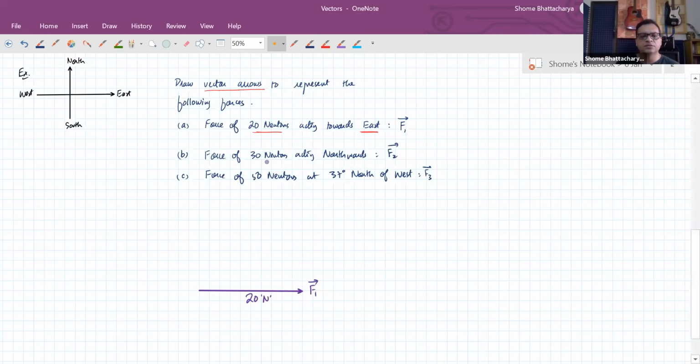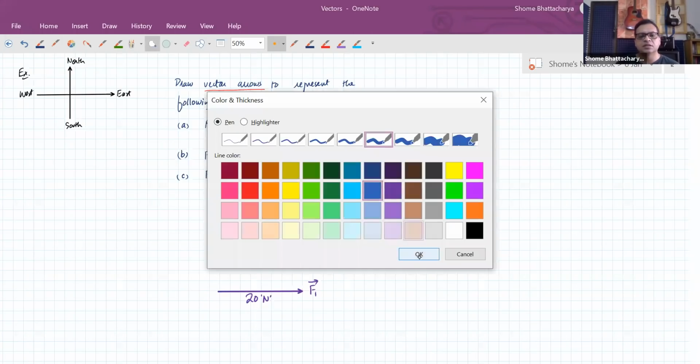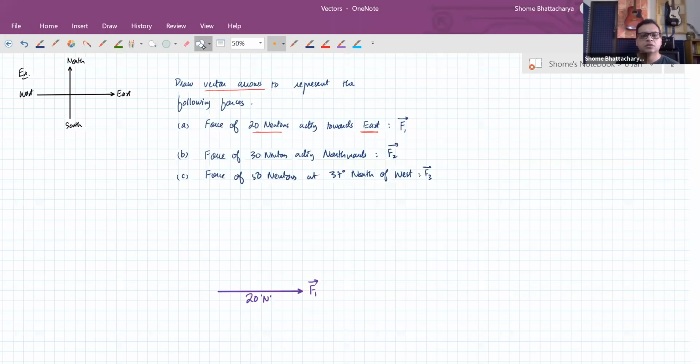Now, in comparison to that, for the force F2, it should be northwards and its magnitude is 30 newtons. Now we'll have to draw a longer vector such that its length looks proportional to 30 when this one's length looks proportional to 20. So let's say our second vector is represented by this second arrow. Because it's pointing northwards, it will have to be drawn perpendicular to this one.